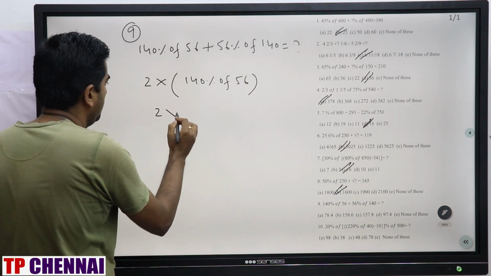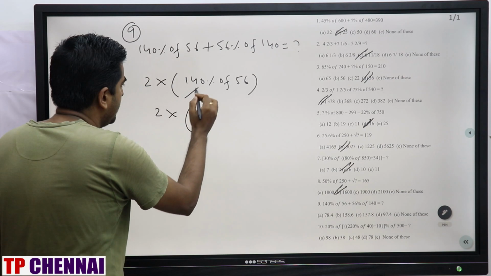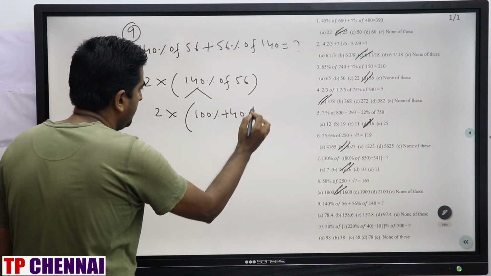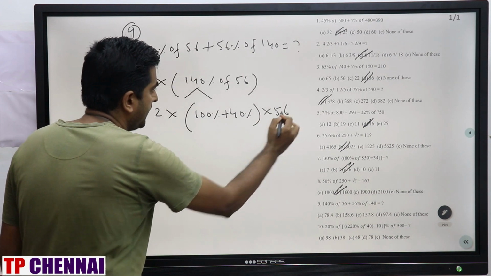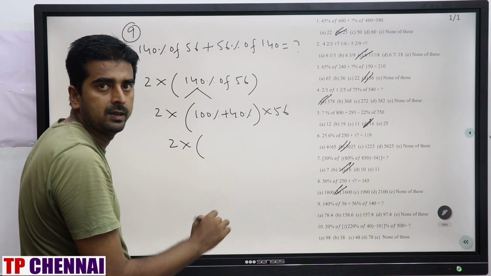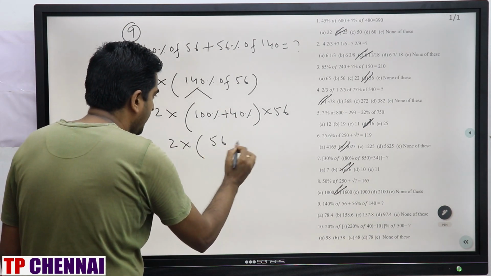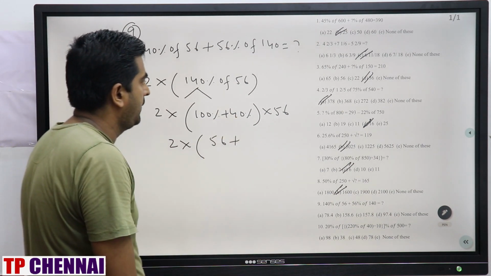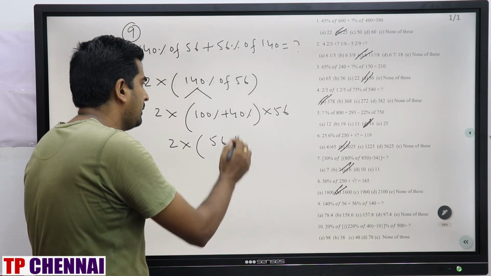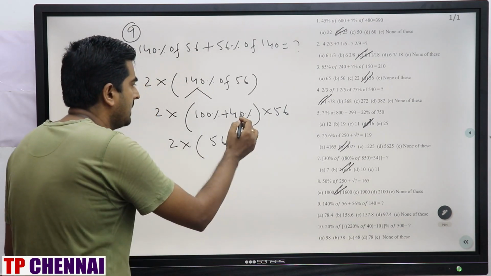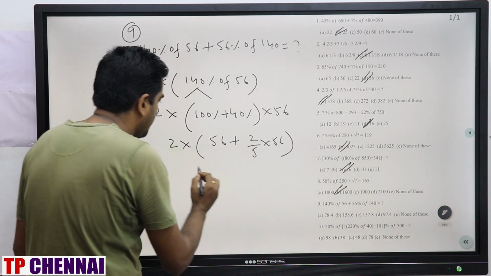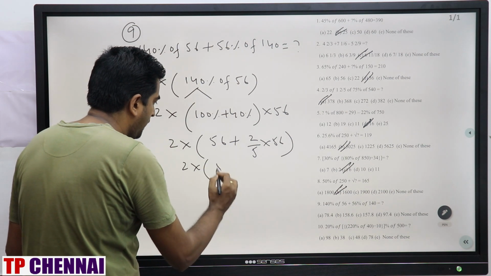Right, so 2 into 140%, I can break this number as 100% plus 40% of 56. Right, this is 2 into, what is 100% of 56? 56 itself. What is 40% of 56? 2 by 5 of 56. 40% fraction value is 2 by 5. So 2 into, this is 56 plus 2 by 5 of 56.